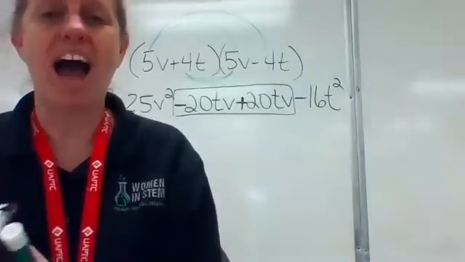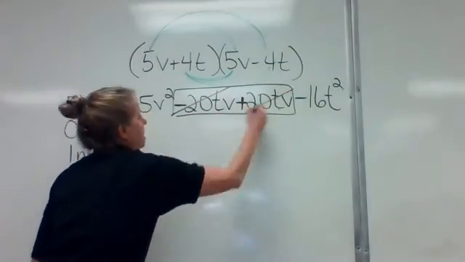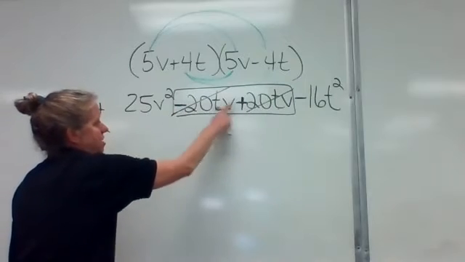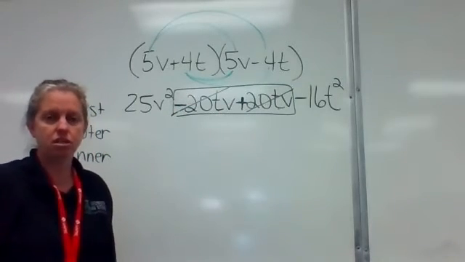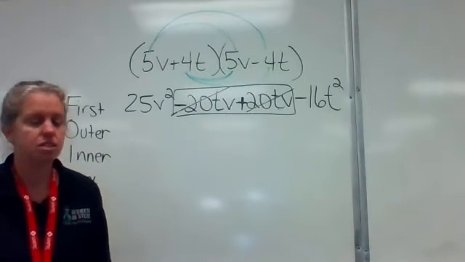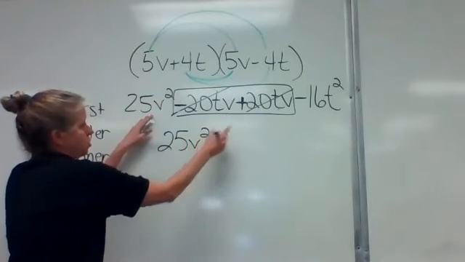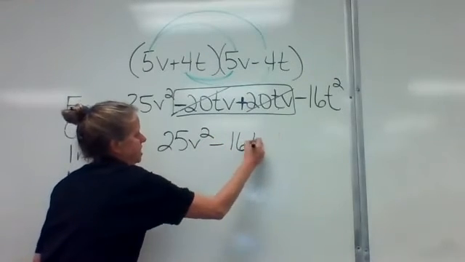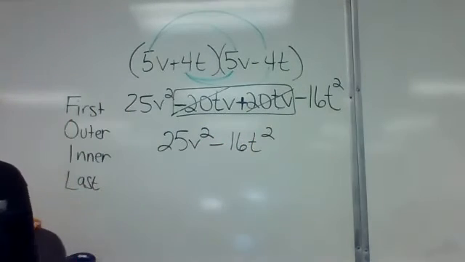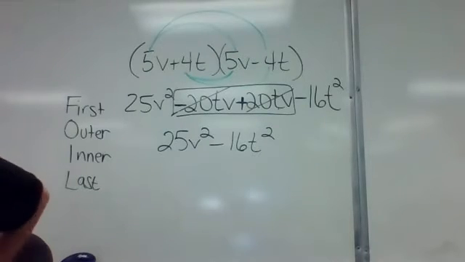Nothing. You don't have any TVs anymore. They canceled each other out because you have a negative and positive of the same number. So all you're left with is the 25V squared and the minus 16T squared. All right, number 15.